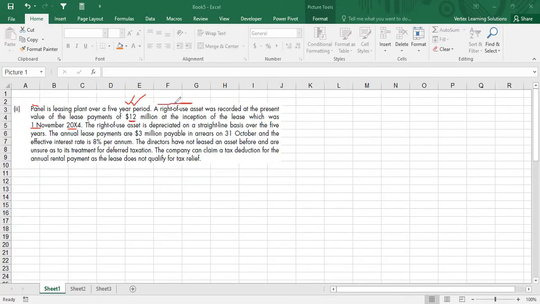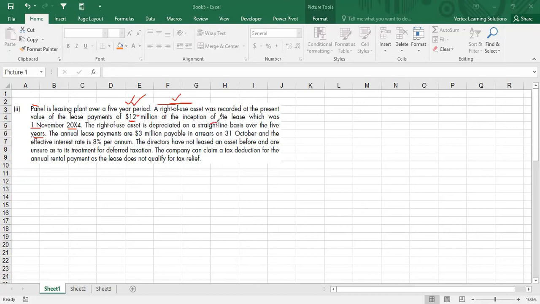And you know that the right of use asset, this 12 million, you measure as the present value of whatever future payments, etc. So we'll discuss that later. The right of use asset is depreciated on a straight line basis over the 5 years. So in their IFRS books, they considered it as a lease, recorded it as an asset, and decided to depreciate it over 5 years on a straight line basis.